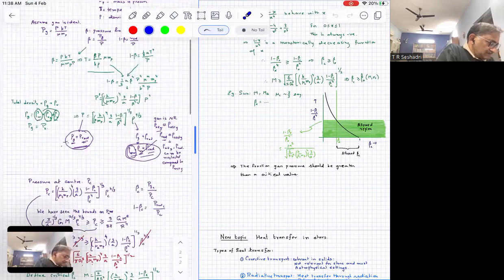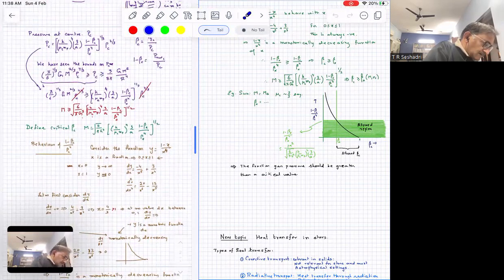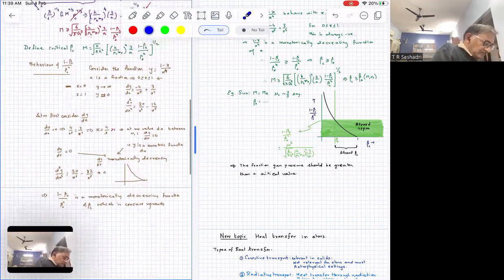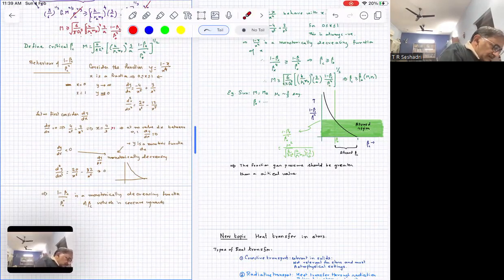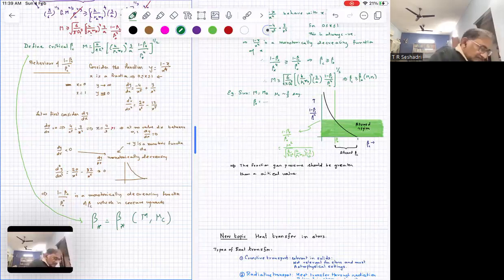So now in principle, what I can do is I can write beta star as a function of mass and mu c, right?